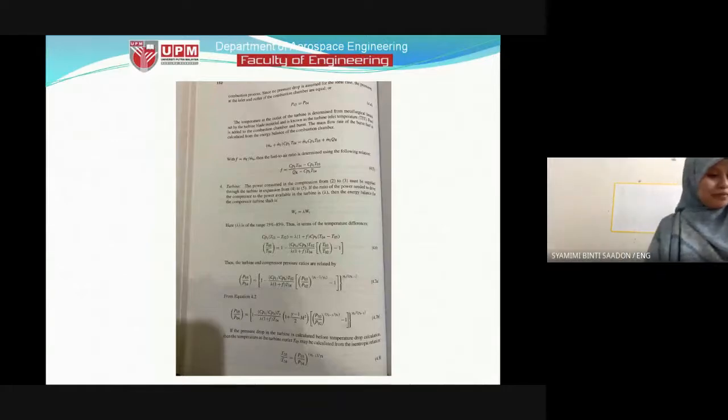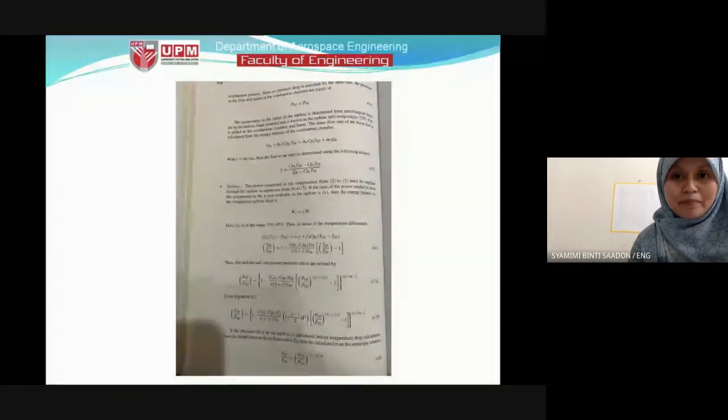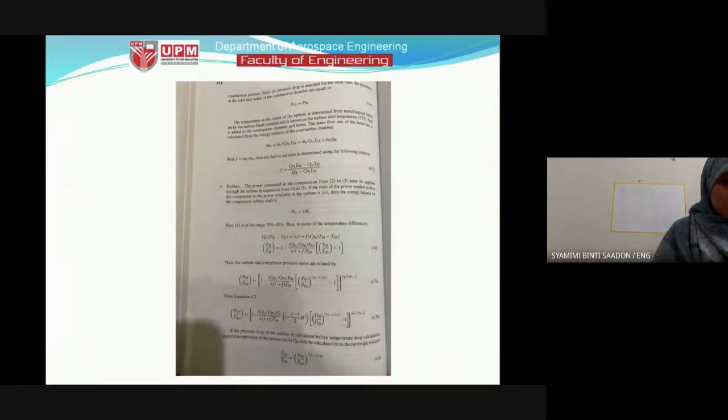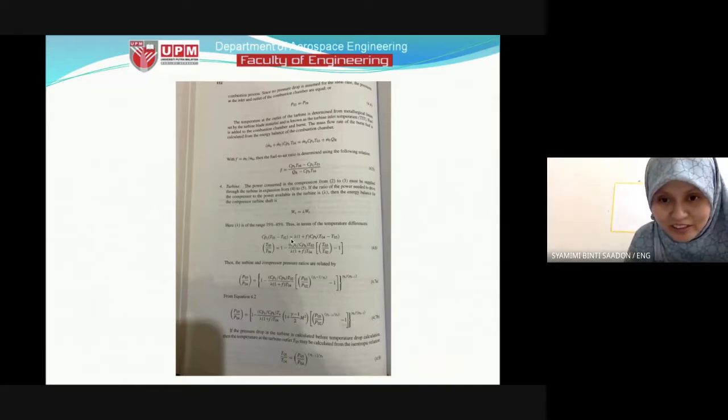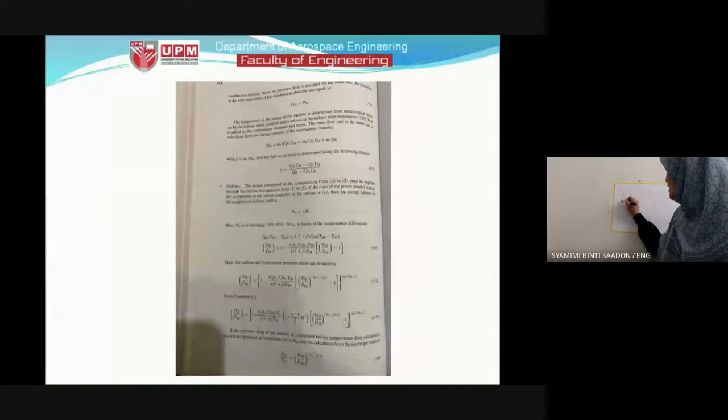Okay, I'm back. T total 5. We use this equation, and I rearrange it directly.